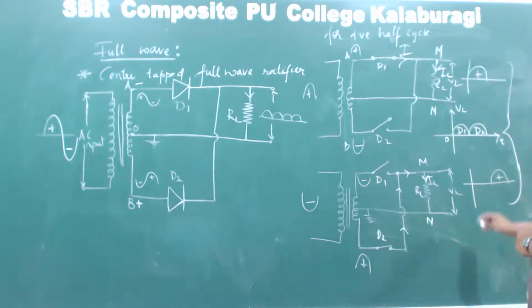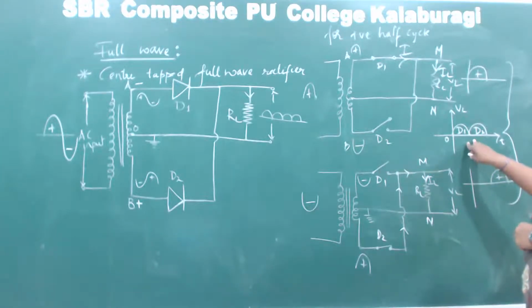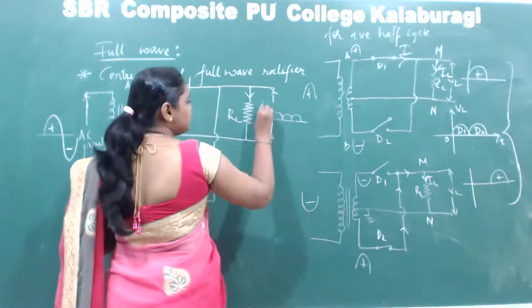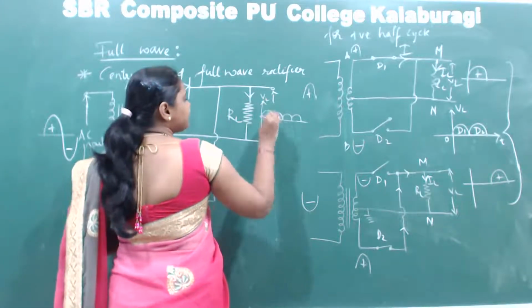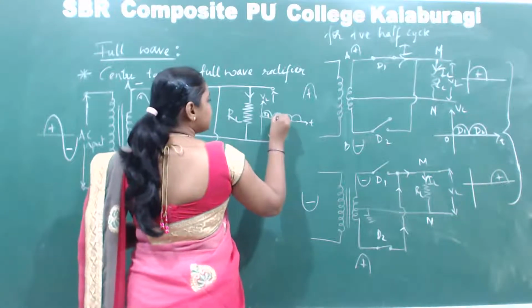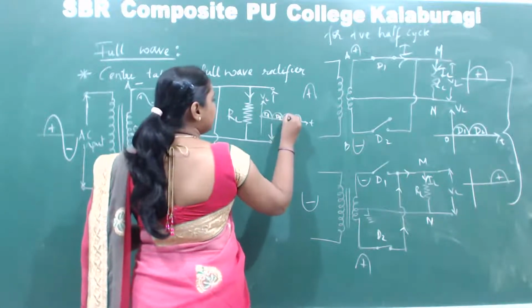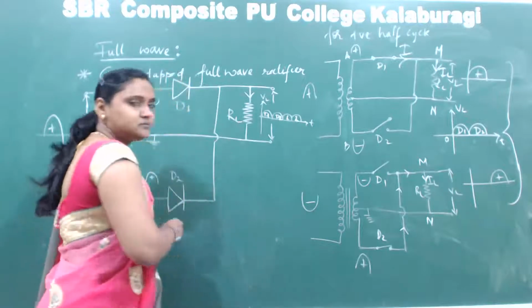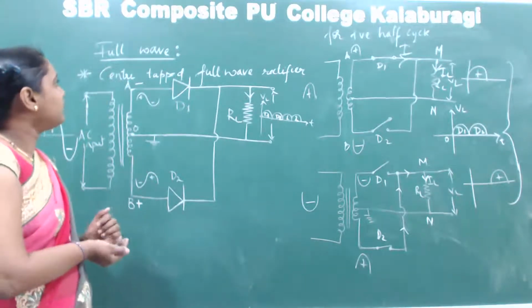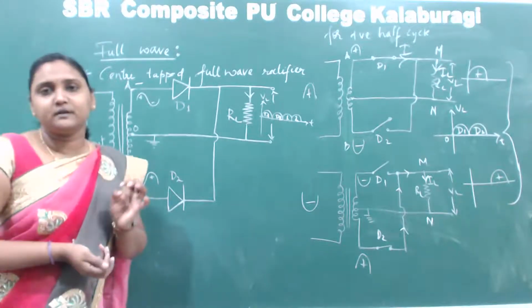Together it forms the entire rectified cycle, continuing for the entire cycle, due to D1 and D2. So this is the simple operation of a center tapped full wave rectifier.